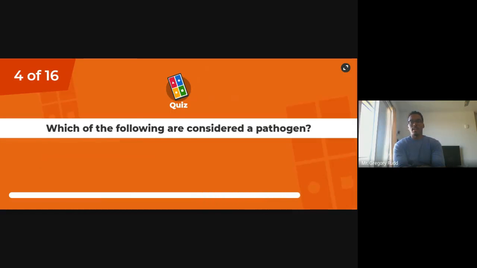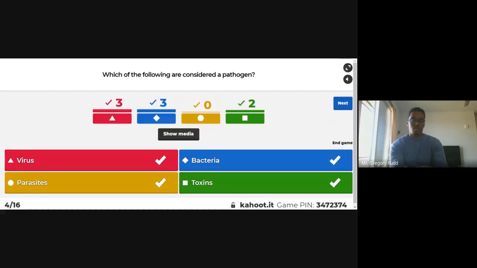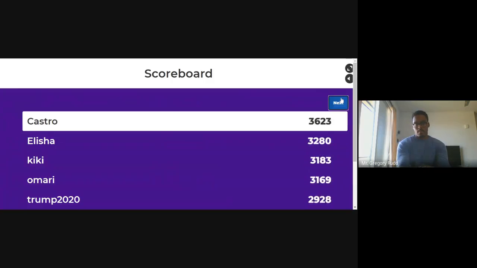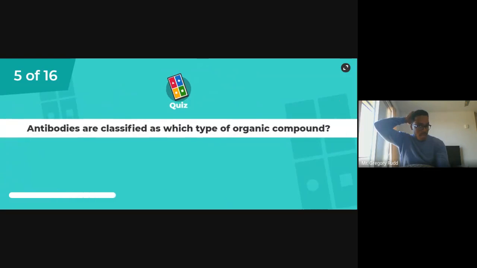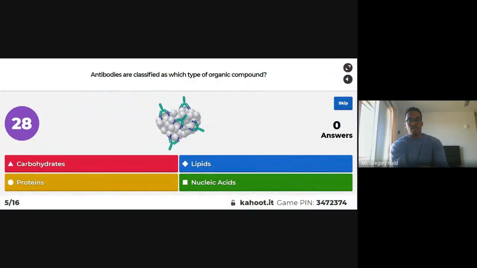Which of the following are considered a pathogen? Good. Any of those answers would have worked. Everyone should have gotten that one right. Antibodies are classified as which type of organic compound?